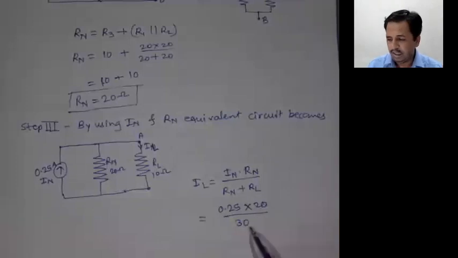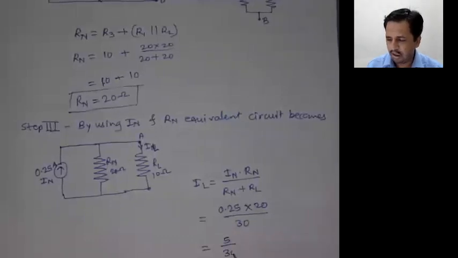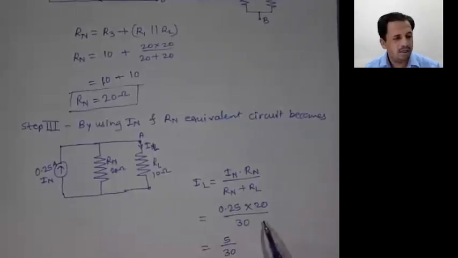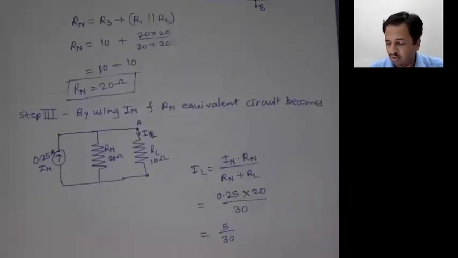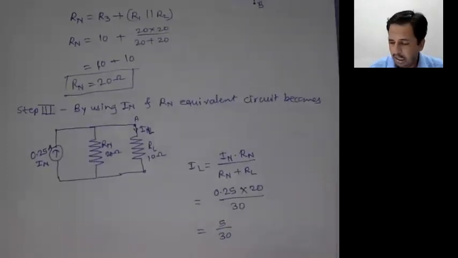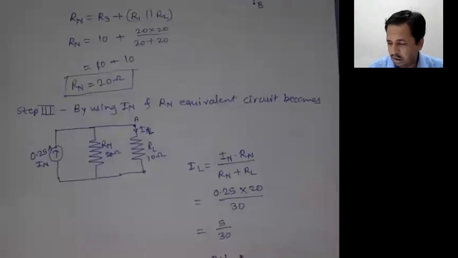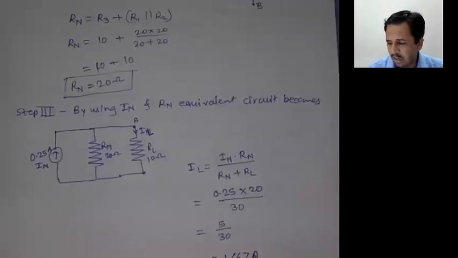Now, simplifying this case, 0.25 into 20 becomes 5 upon 30, and its value is represented as 0.1667 ampere.